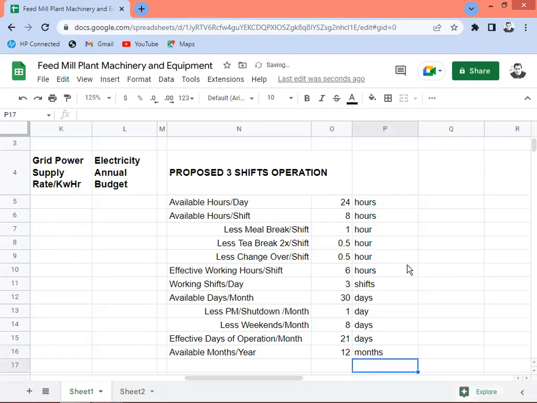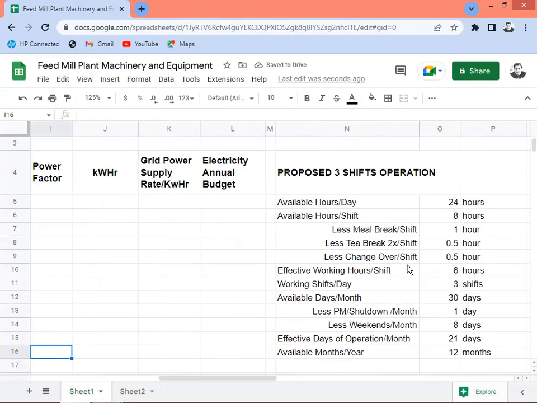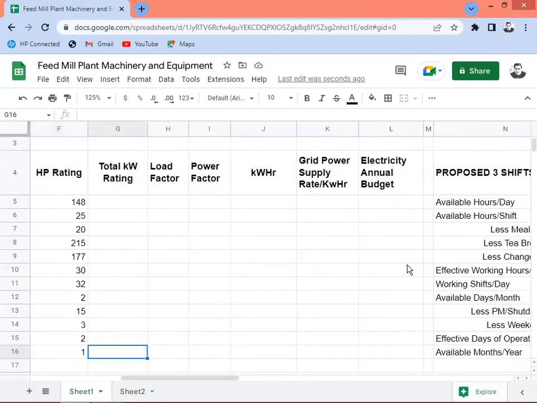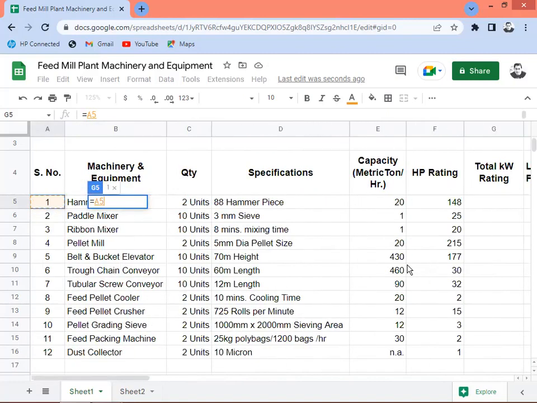All right. Now we're going to start doing our calculation for the total rating. Let's see, how much is our total rating? The total rating, we're going to include the quantity. How many units are we going to have?